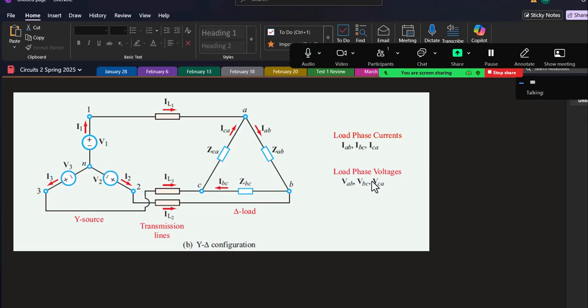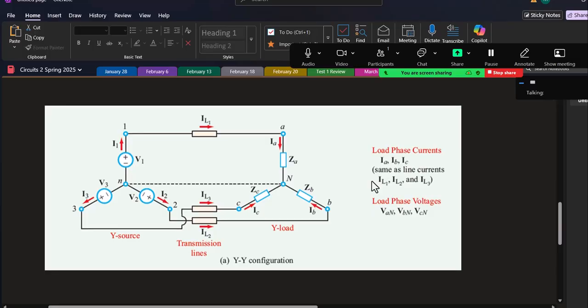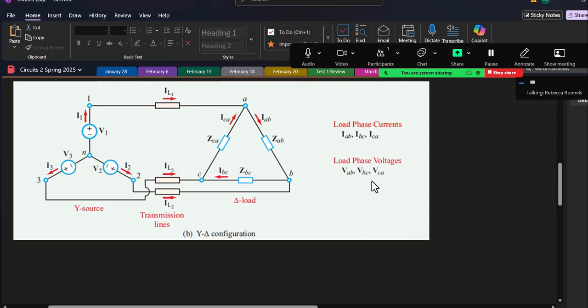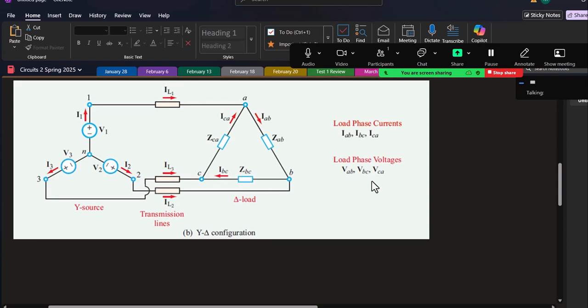So when I've got my delta configuration, if you look at these lines, look at line L3 and line L1, what would the voltage difference be between those two lines based on our delta load?